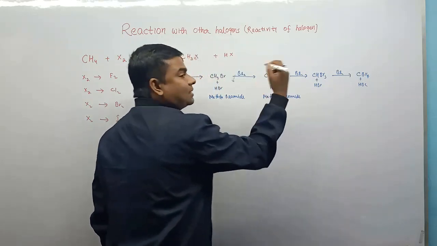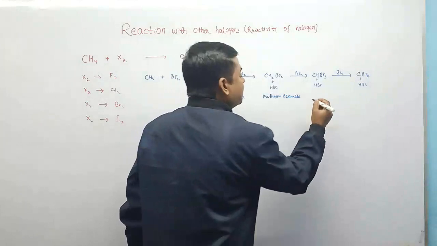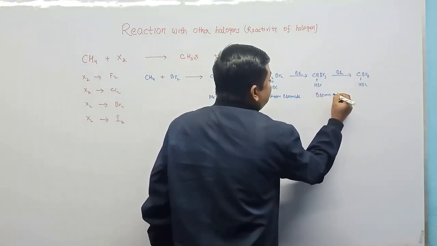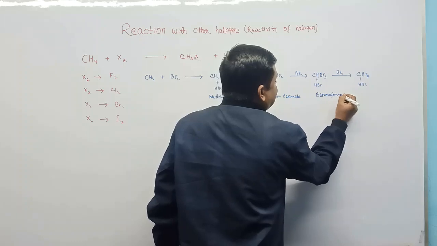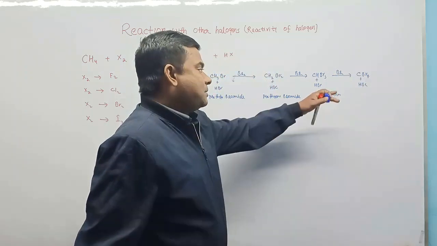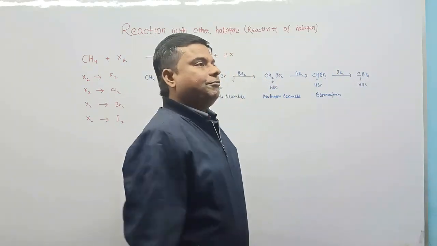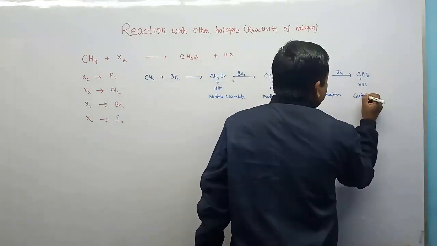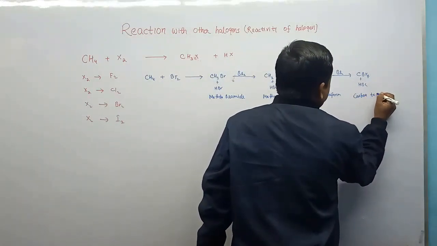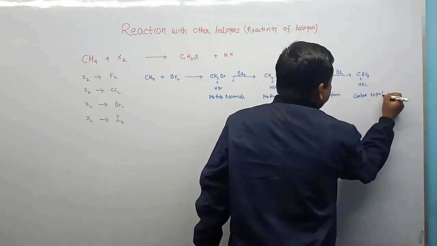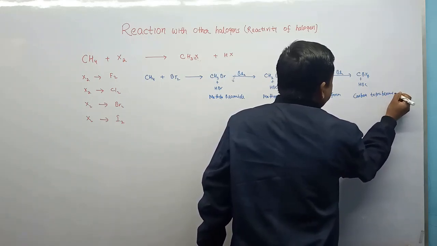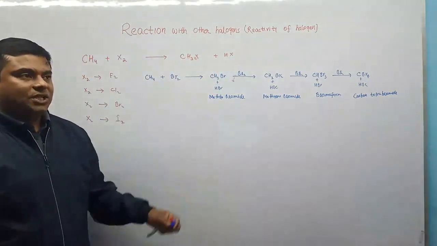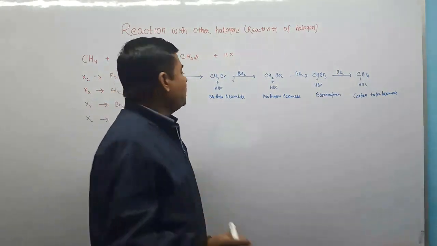In the third stage of bromination we get CHBr3, bromoform, and in the last replacement of hydrogen by bromine we get carbon tetrabromide, right? So all these products we get during the halogenation, that is the bromination, of methane.